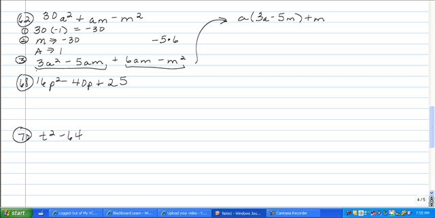Let's see. Oops. I goofed that up. That should have been a 30. So we could take a 5a out of that first pair, and that would be a 6a. Let me just start this one over. I totally botched it because I copied it wrong.